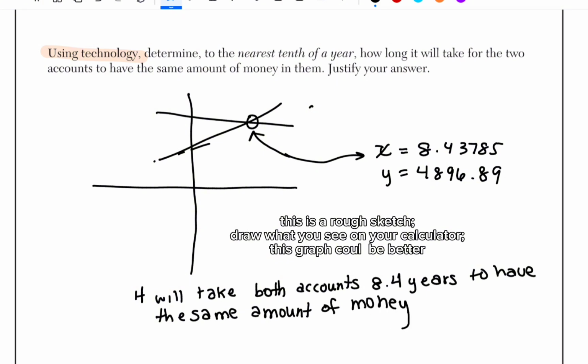So we gave our justification because we used the calculator. We're going to graph it. So we just say graph roughly from calculator.